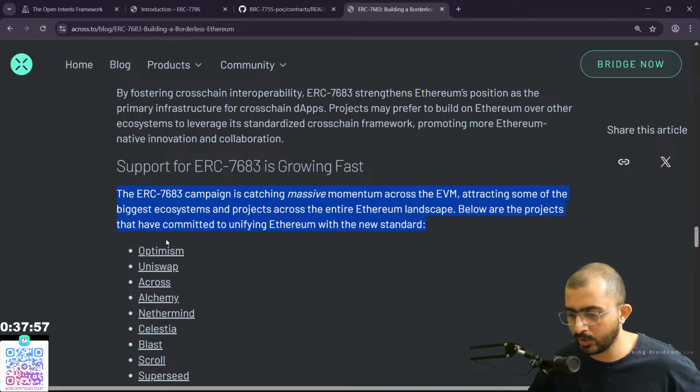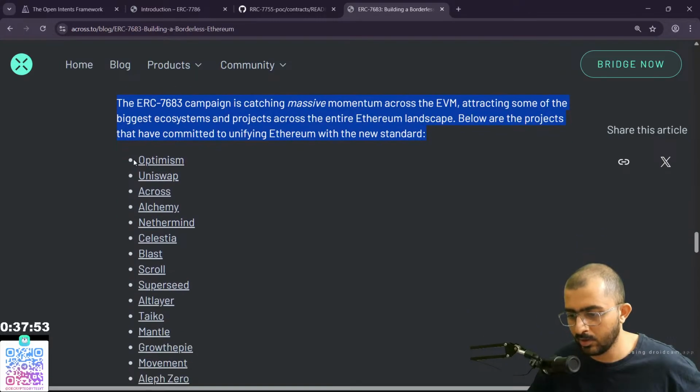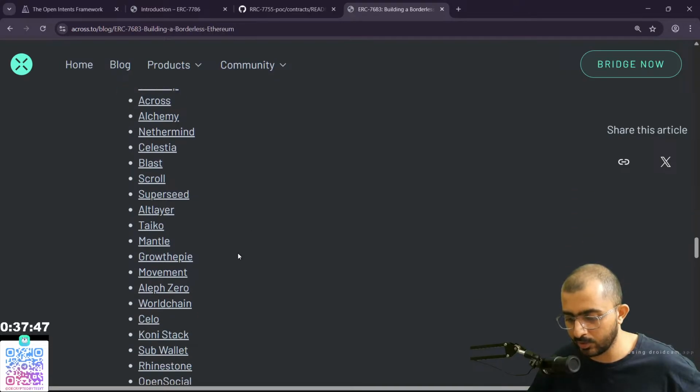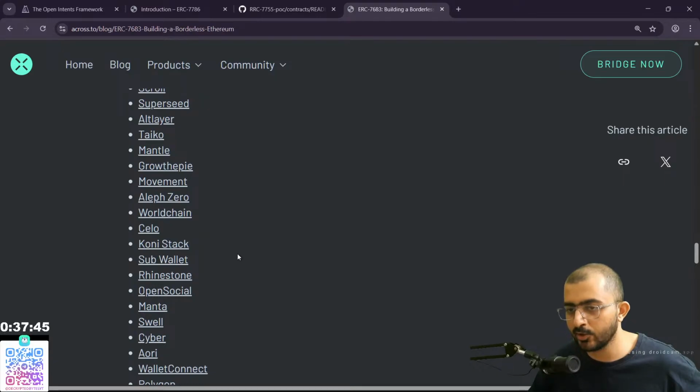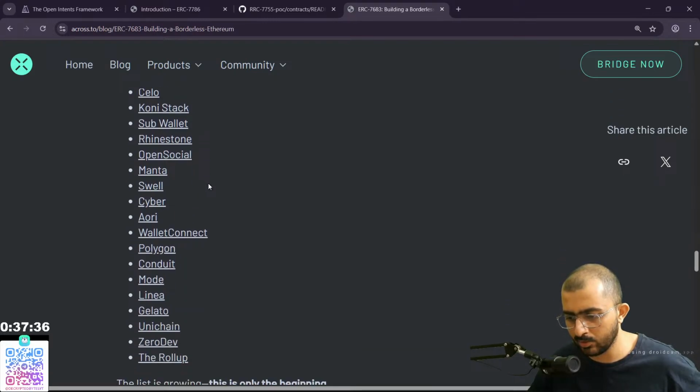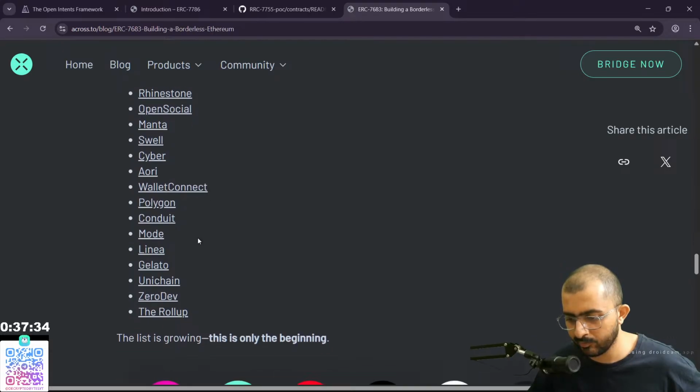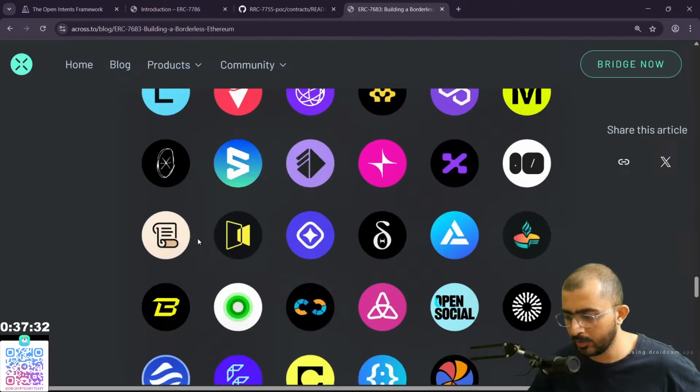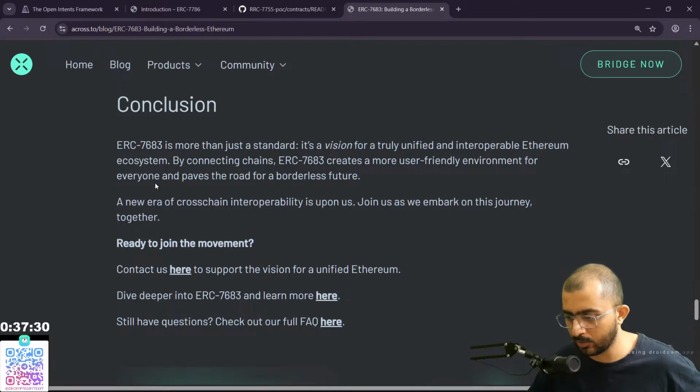Below are the projects that are committed to unifying the Ethereum standard. I understand these. I don't understand why Celestia is there. Celestia is not in the EVM ecosystem. It's different. Movement, maybe Movement has EVM, that I know. Maybe they have some idea that I don't understand right now.